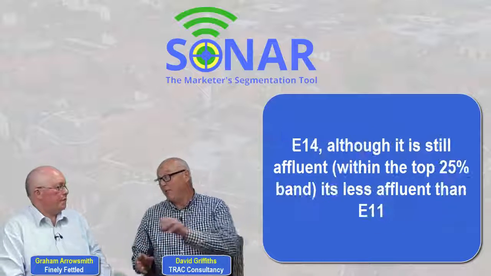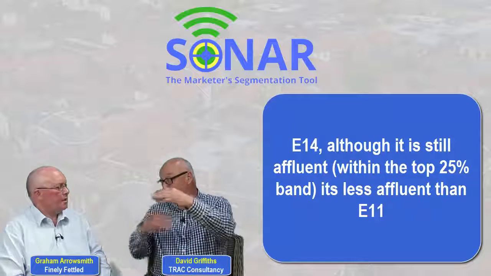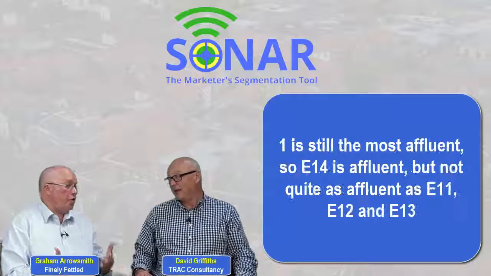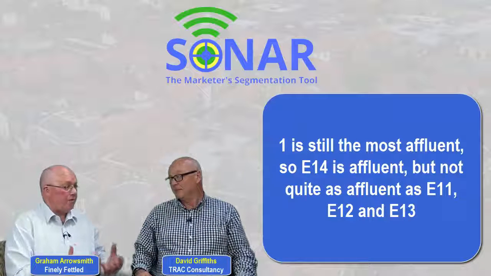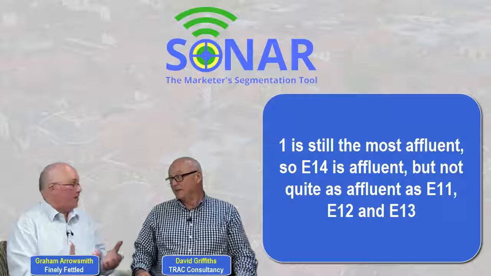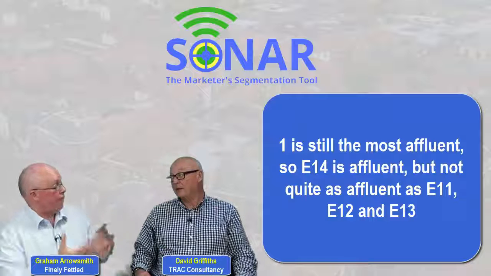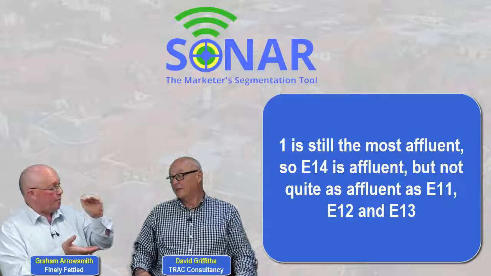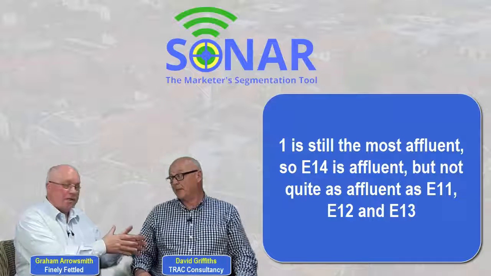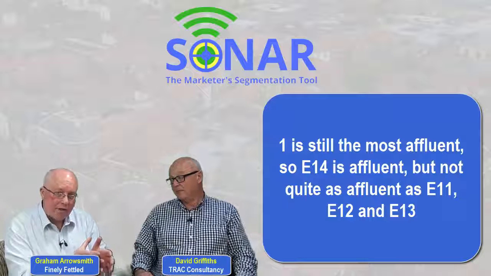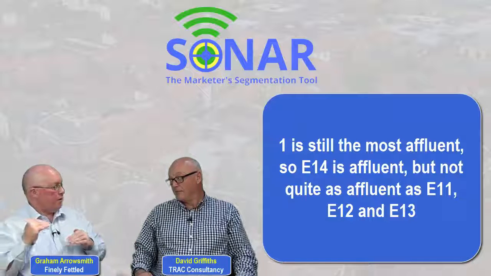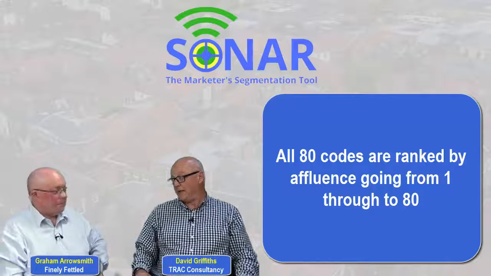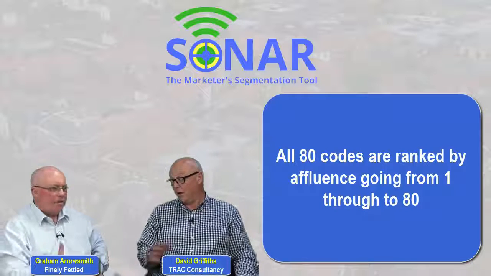An E14, although it's still affluent because it's in my top 25%, you're still talking the most affluent. But you've gone even further and split down affluence within that 25%. So you've got empty nesters who are the most affluent, so E11. Indirectly, all of the 80 codes are ranked by affluence, going from 1 through to 80.